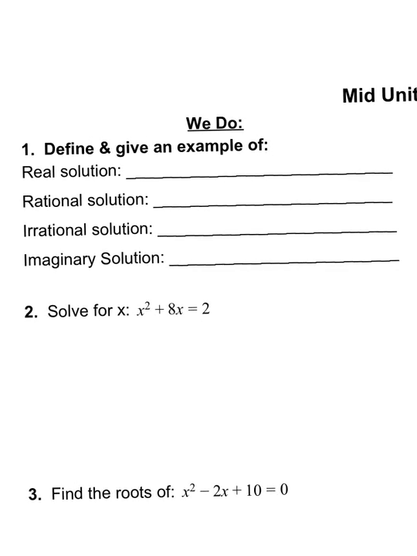So a real solution is any positive or negative x-intercept. And a rational solution is largely the same thing, except for something to be a rational number, it needs to be able to be expressed as a fraction.